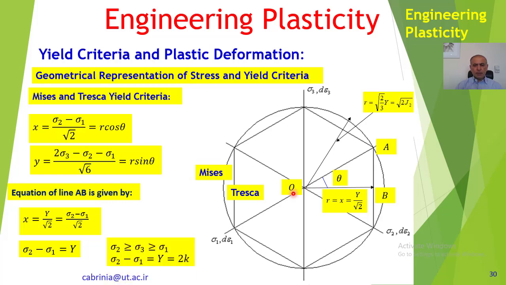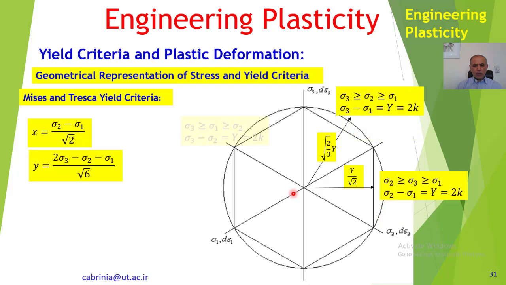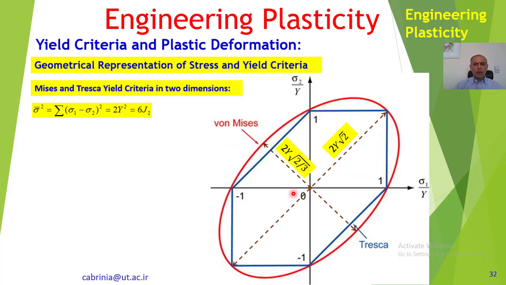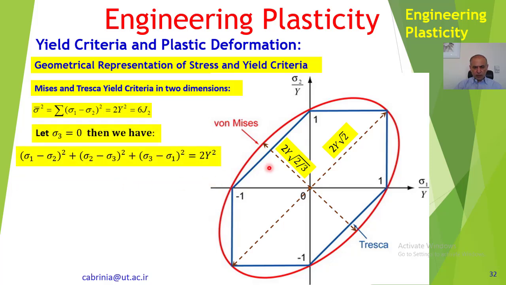Okay. Now here, because we have omitted one of the axes, sigma 3 is 0, so the plane looks like an ellipse, and we want to know how things are as it stands.